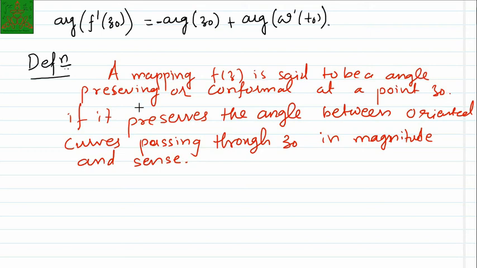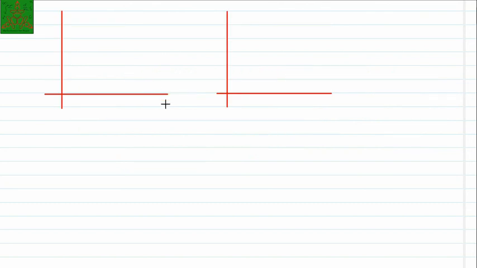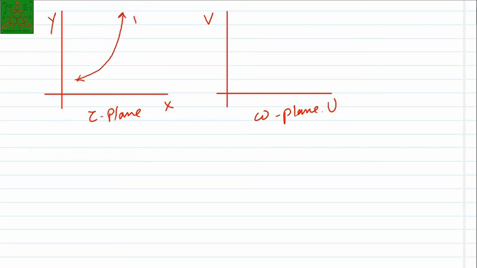Let's see geometrically with a figure how this looks. Consider this is your x-axis, this is your y-axis, this is your u-axis, and this is the v-axis. This is your z plane, and this is your w plane, or uv plane, whatever name you want to say. Here there are two curves, let's say gamma 1 and gamma 2.